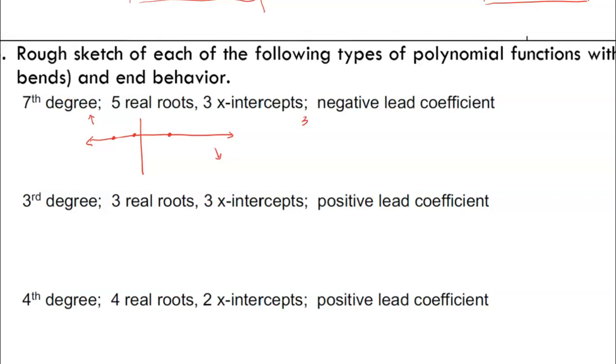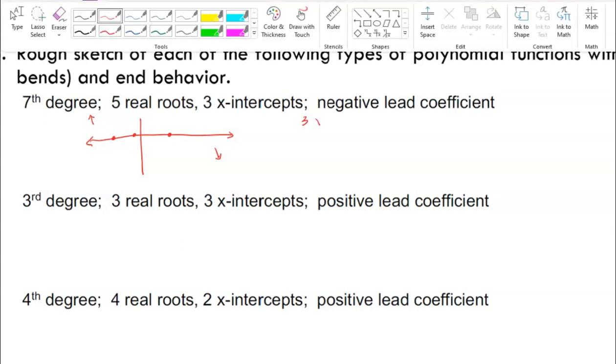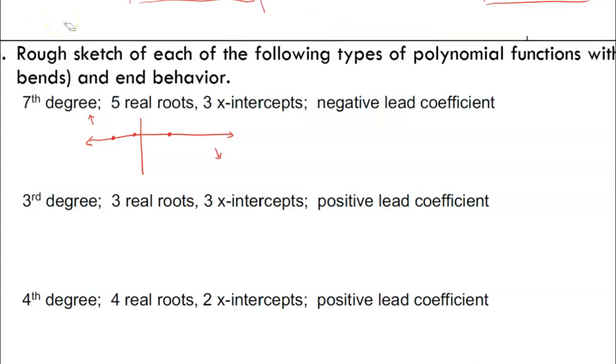So you can do 1 x-intercept with a multiplicity of 2, and 1 x-intercept with a multiplicity of 2, and 1 x-intercept with a multiplicity of just 1. So that's 2 plus 2 plus 1, which is 5.